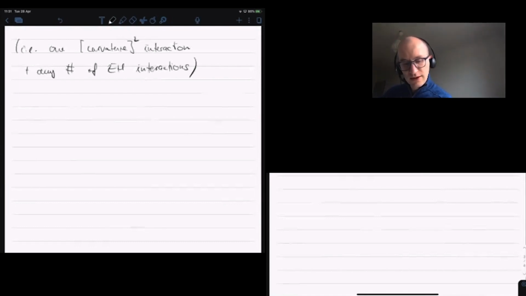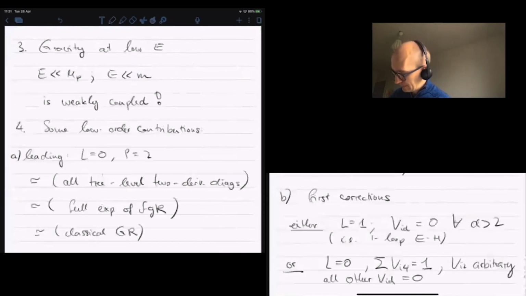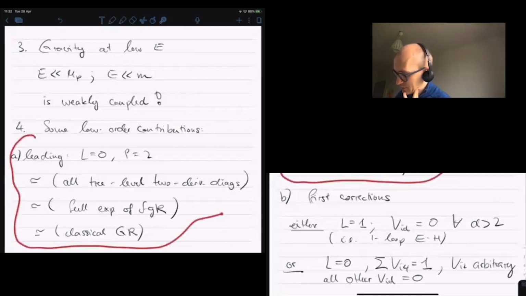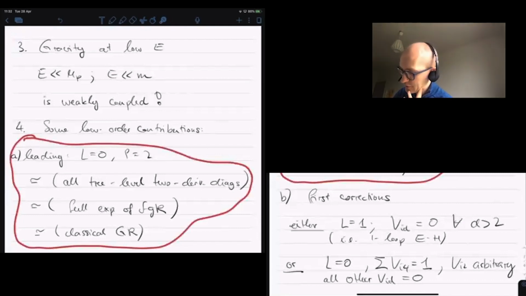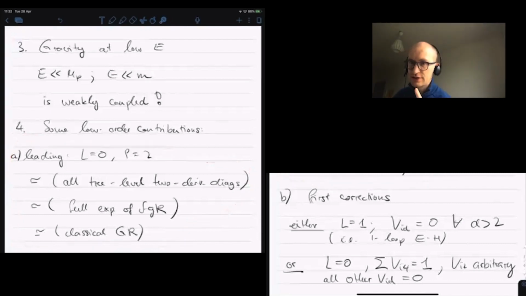So now we're getting into the interesting territory. Okay, so let me just say it again. From our EFT expansion now applied to just the Einstein-Hilbert effective theory, if you want, we have actually deduced, I mean, in some sense, we knew this intuitively, but we have deduced, and indeed, it's weakly coupled. The leading order, so A, it's weakly coupled.